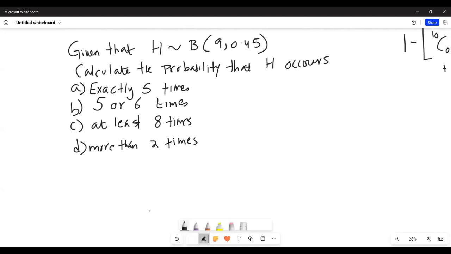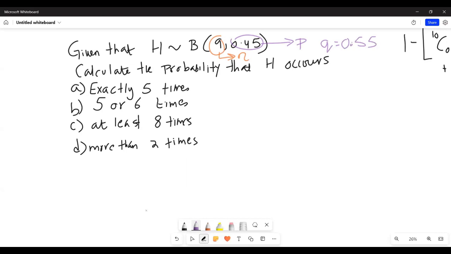So what do we know here? This is n, number of trials. This is P, the probability of success, which means Q would be 0.55, 1 minus 0.45. Okay.